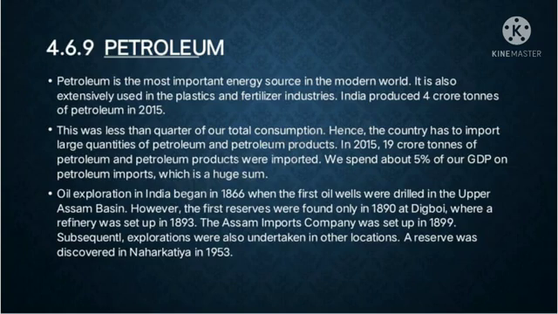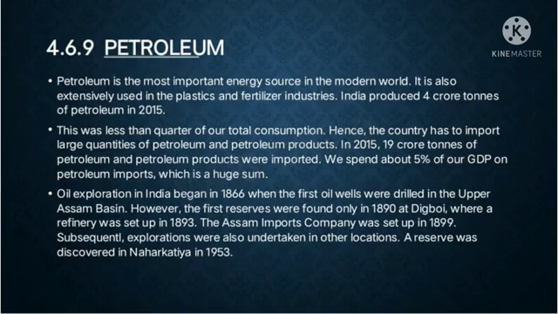Petroleum. Petroleum is the most important energy source in the modern world. It is also extensively used in the plastics and fertilizer industries. India produced 4 crore tons of petroleum in 2015. This was less than a quarter of our total consumption.